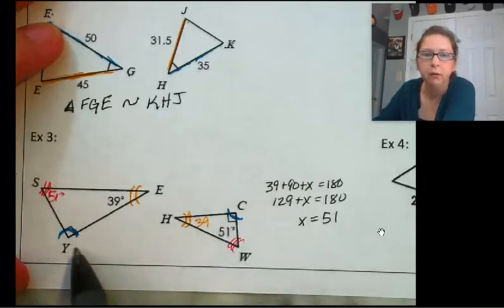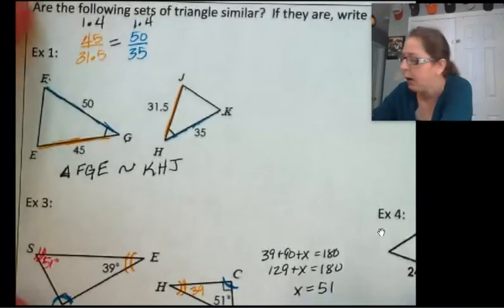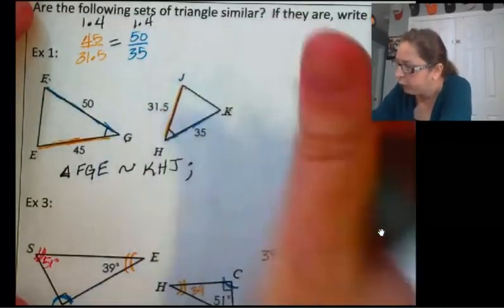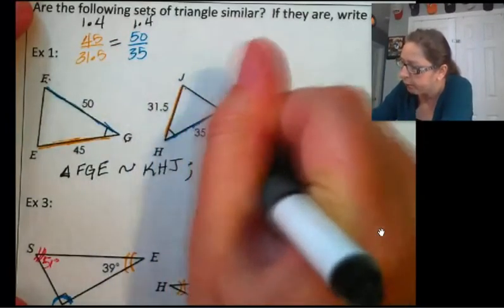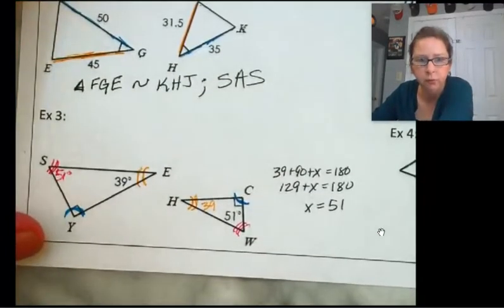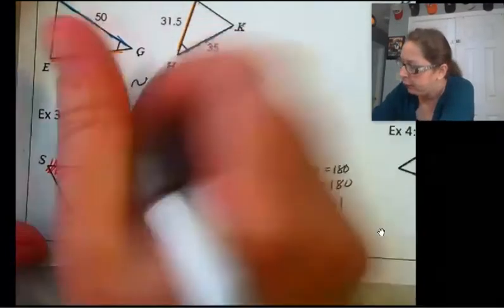So now let's write our similarity statement. Oh, up here I forgot to say why. These are not congruent, similar, side angle side. So these ones are also similar, but let's write our statement.